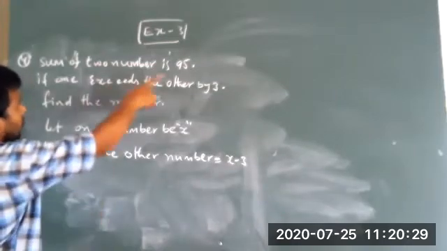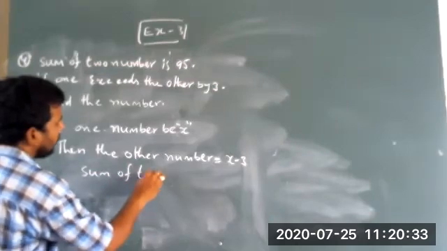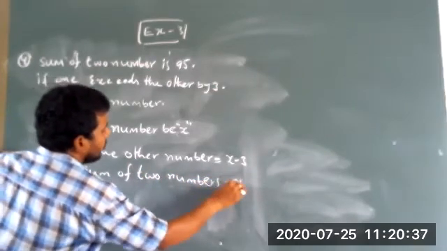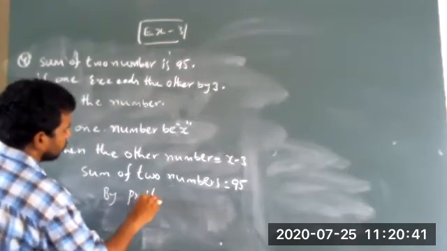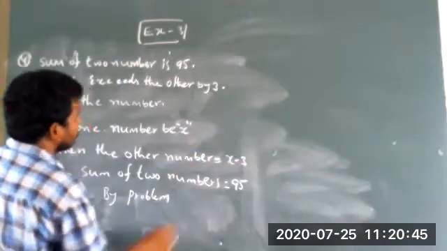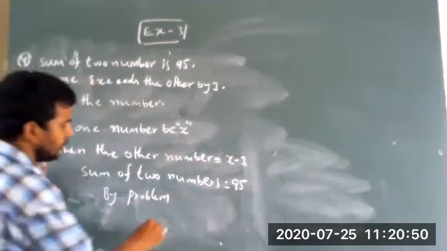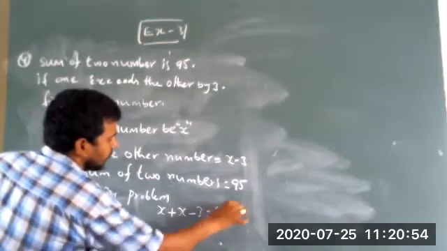Sum of two numbers equal to how much is given? Equal to 95. By the problem, x minus 3 plus x. The sum of two numbers means take the first number as x, the second number as x minus 3. x plus x minus 3 equal to 95.